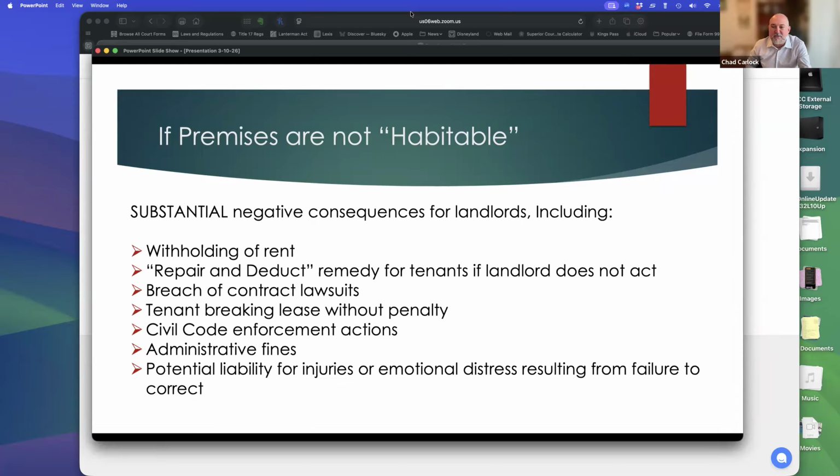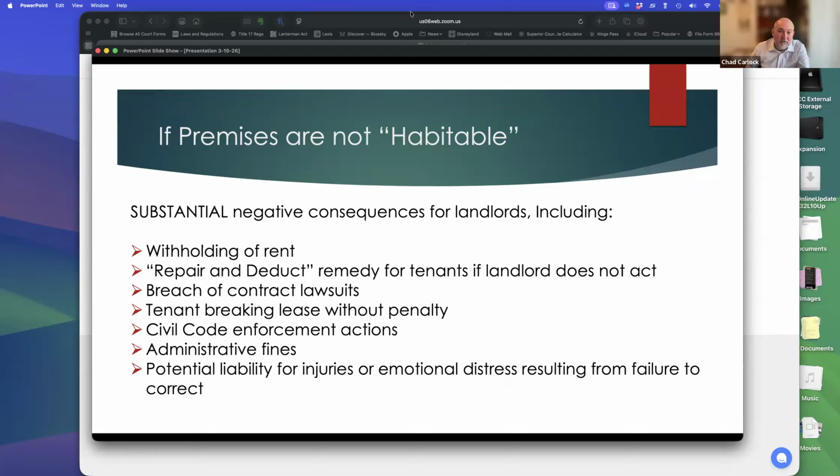But that may be a phrase that you have run across before, or that has been raised by a tenant in terms of an issue. And that is a legal right that they have. They have to give you a reasonable time in order to make the repair. But if you don't, they can deduct that cost from their rent.